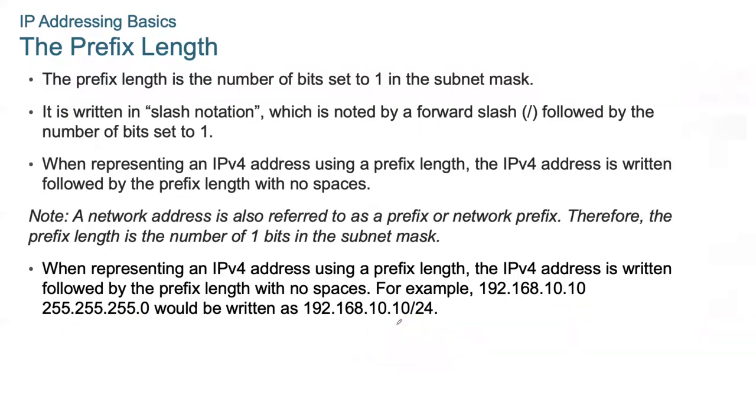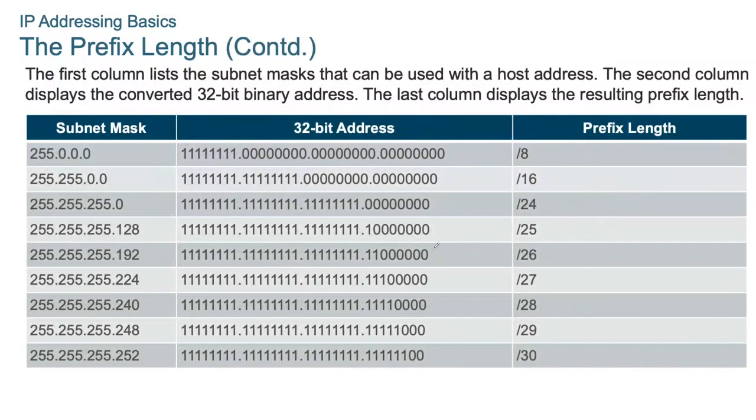By doing so, you can write the prefix length of your IP addresses in terms of your subnet mask. If you have the subnet mask like this, it says it will use 8 bits. The first 8 bits are used for what? Your network address.